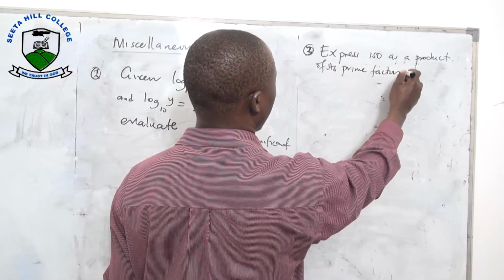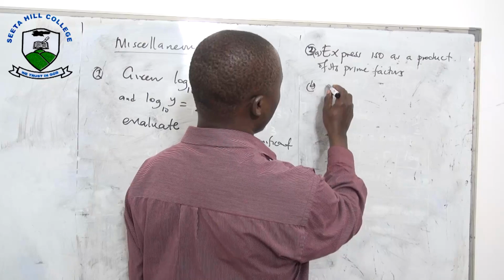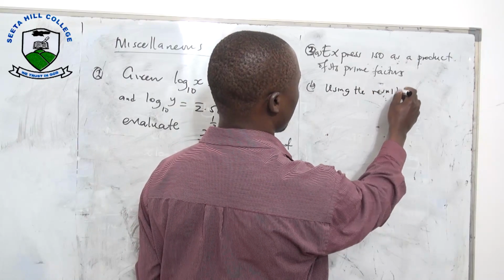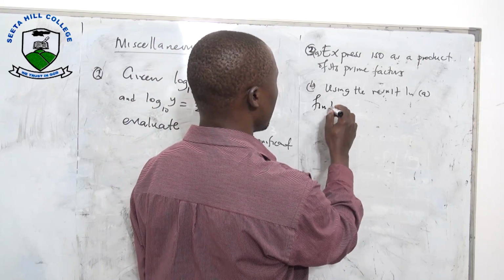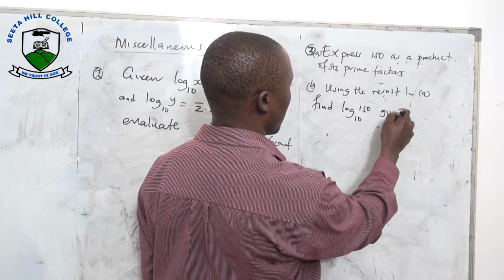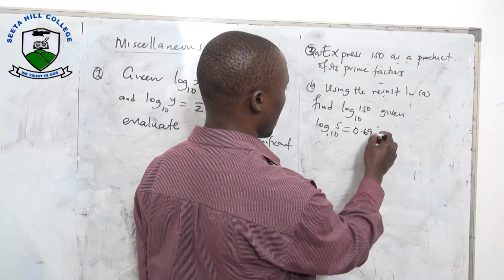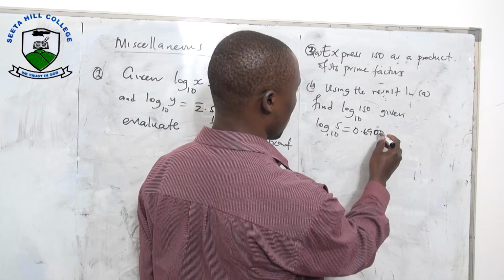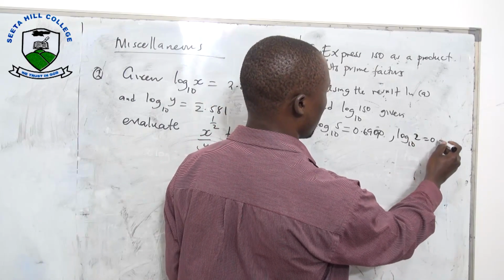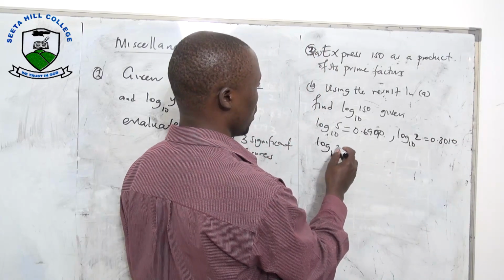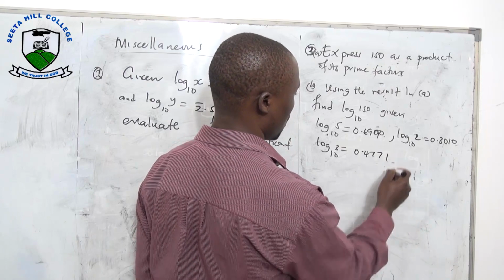That's part A. Then part B. Using the result in A, find log 150 given log 5 is 0.6990, log 2 is 0.3010, log 3 is 0.4771.